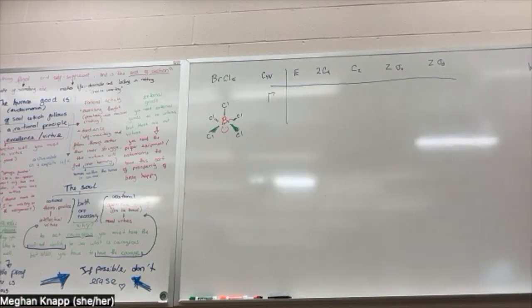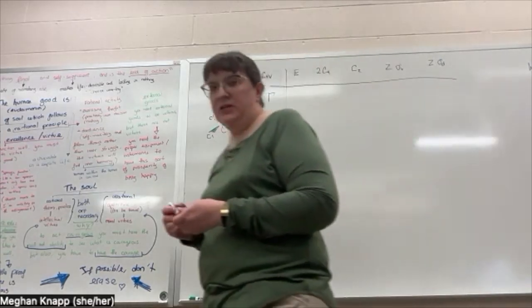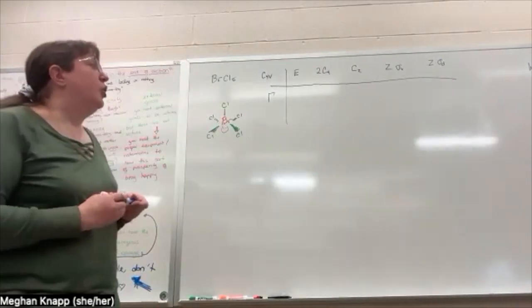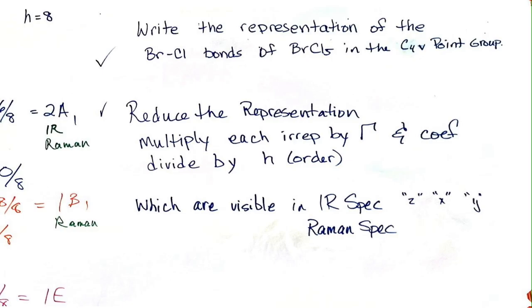Okay, so if on homework or a quiz or a test, you get the question, write the representation of the Br-Cl bonds, or of the bonds of a molecule, in this case BrCl5, in the point group of that molecule, C4V, this is what we're doing right now.